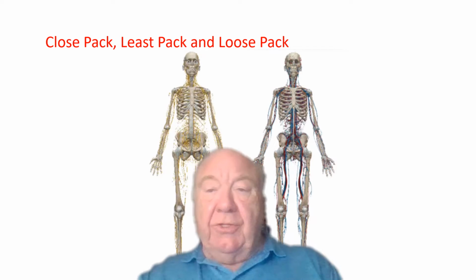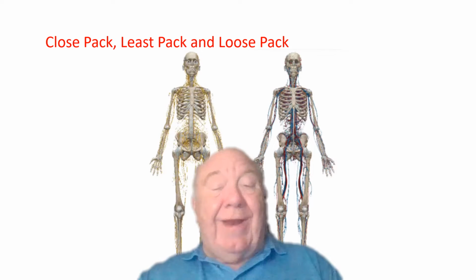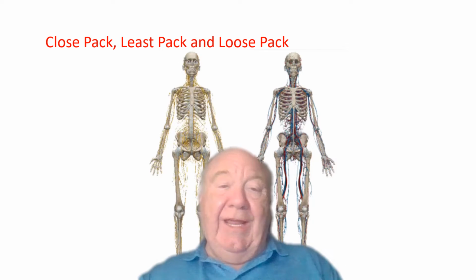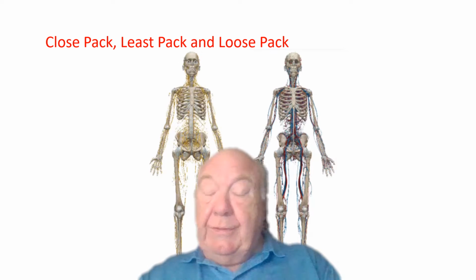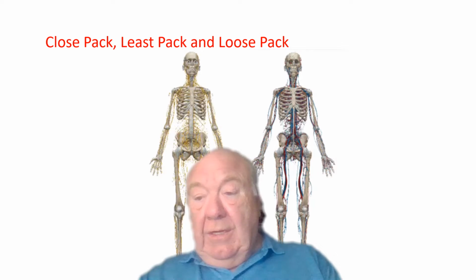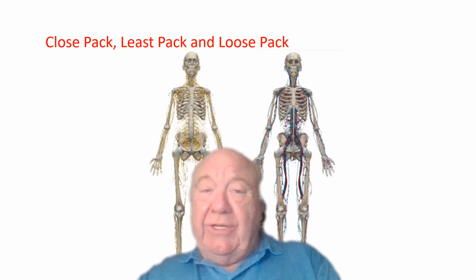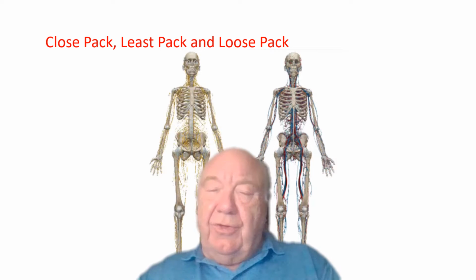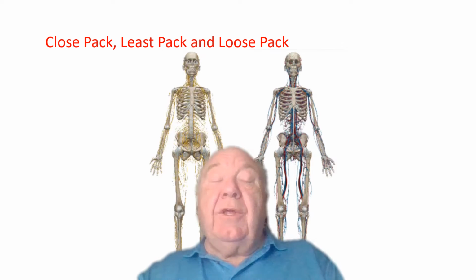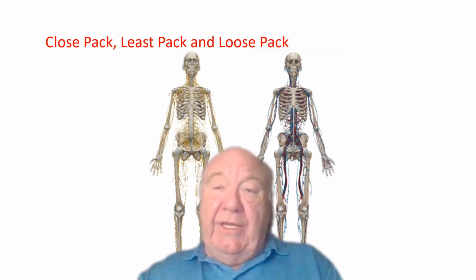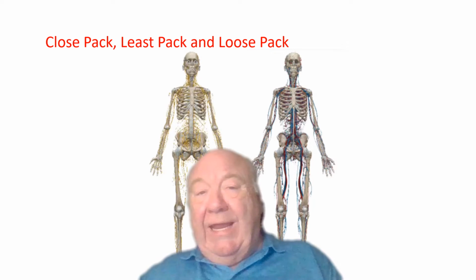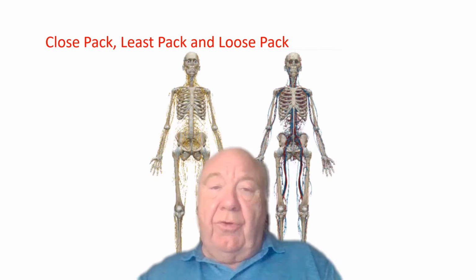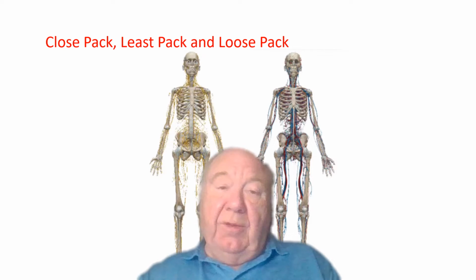It's a position where there is least distractibility of the joint ends, where the ligaments are maximally taut, where the transarticular pressure is lowest because the congruency of the joint surface is at its highest. As pressure is the amount of force over a particular area, because these are so congruent, the area is larger, so the amount of force is less.